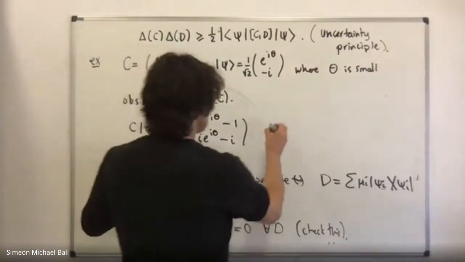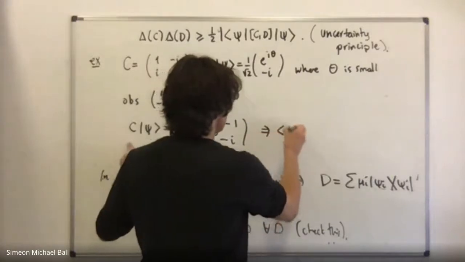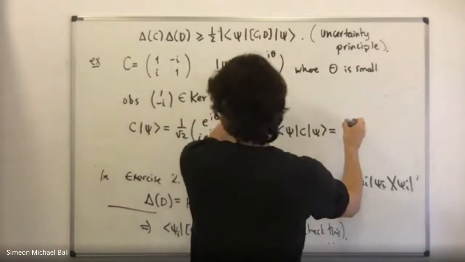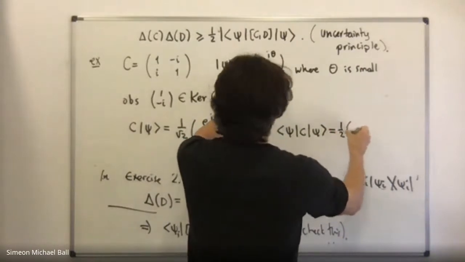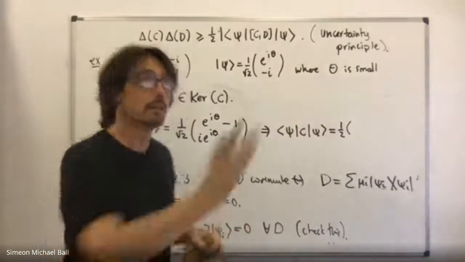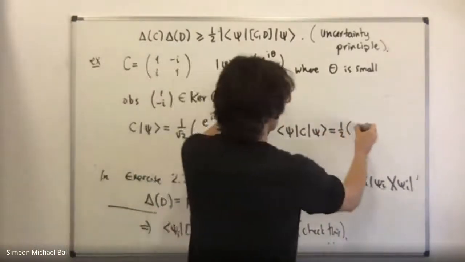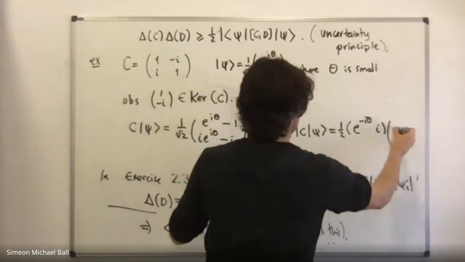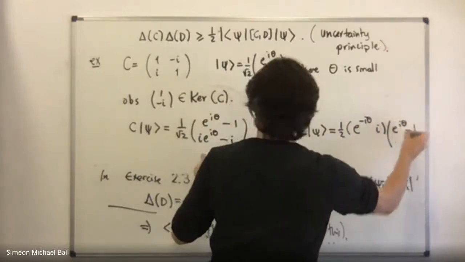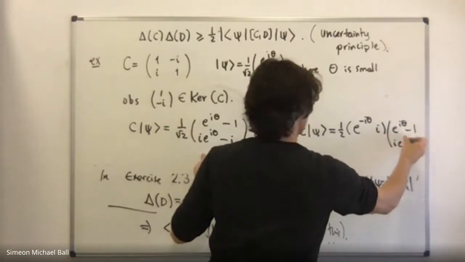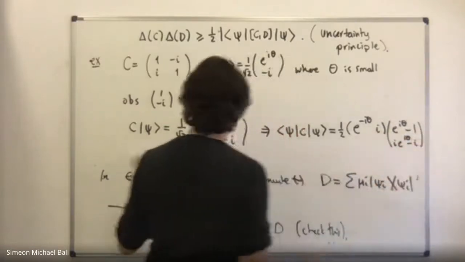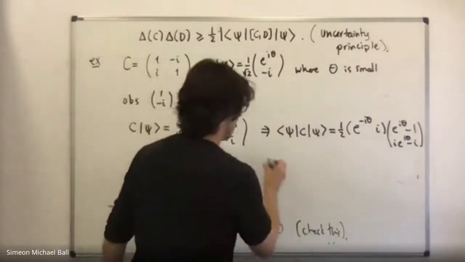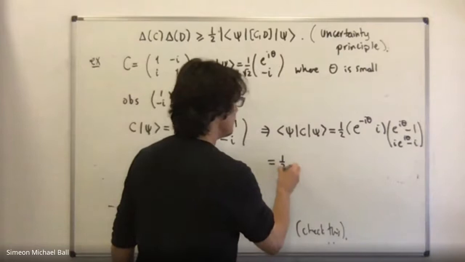And so what we want to know is what is psi C psi. So now we have to take the bra of this. So that goes there, and it should just give us a real number.